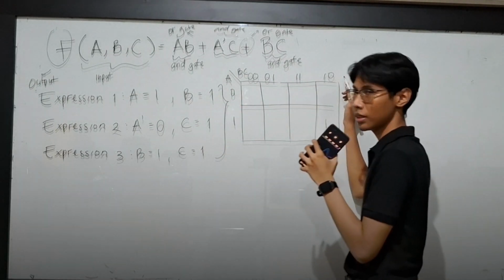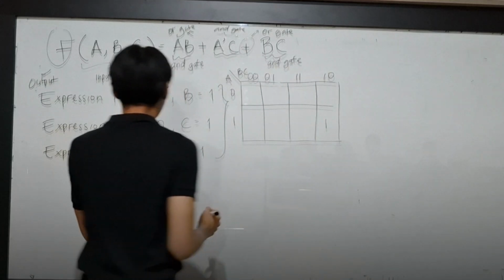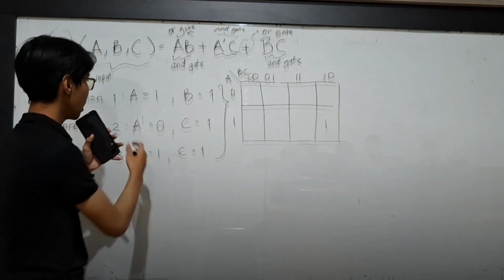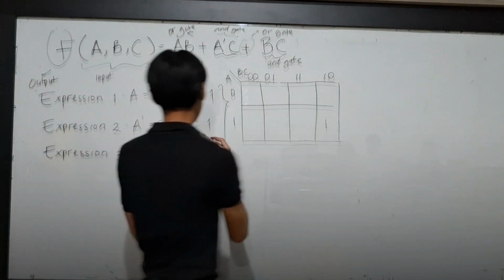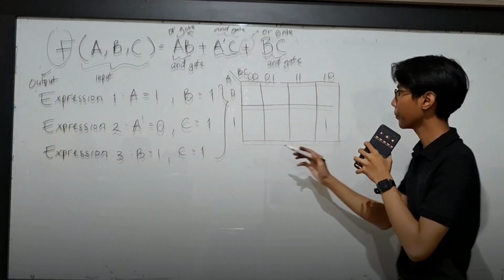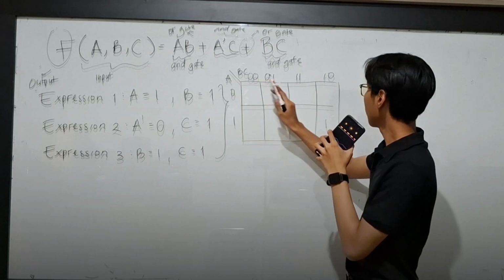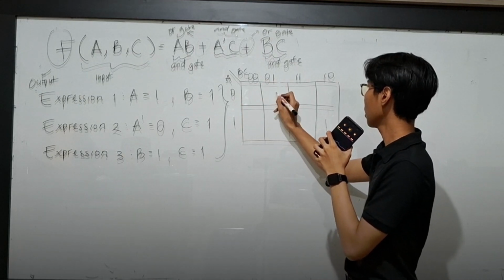Okay, C equals 0. Let's see expression 2: A equals 0 and C equals 1, in here.